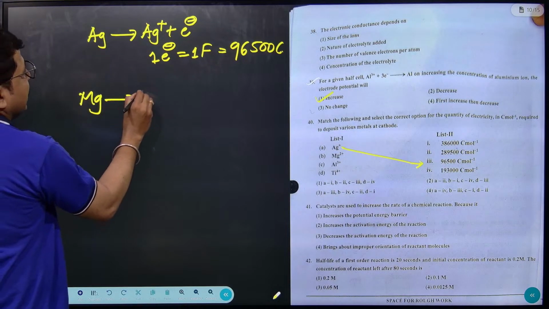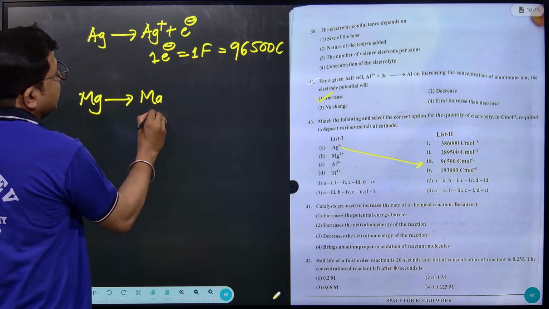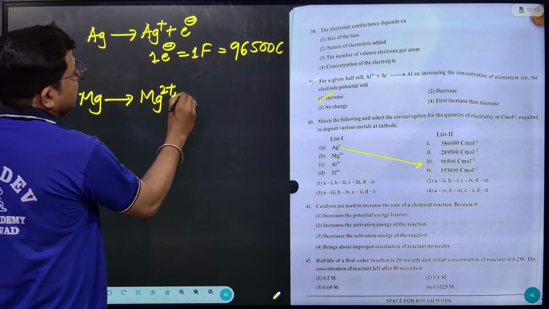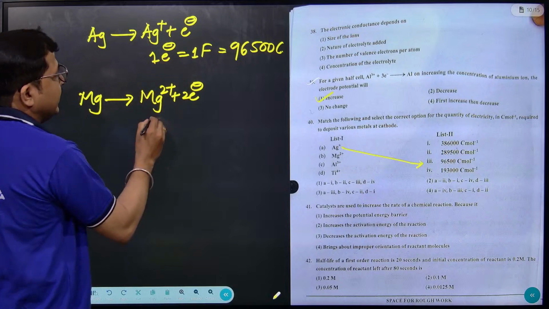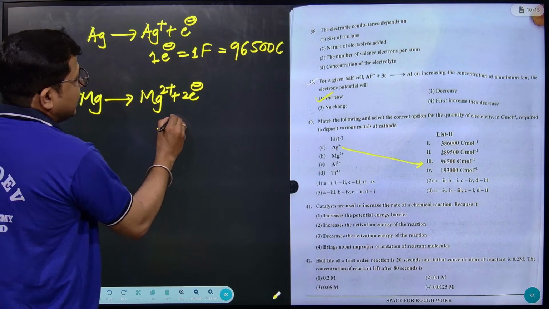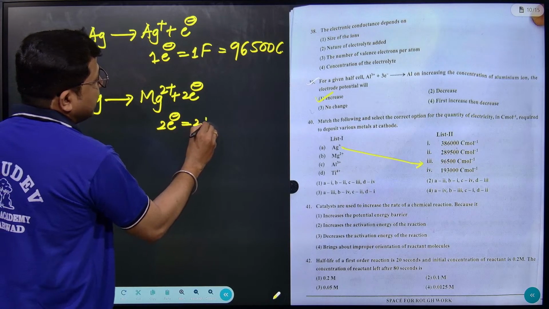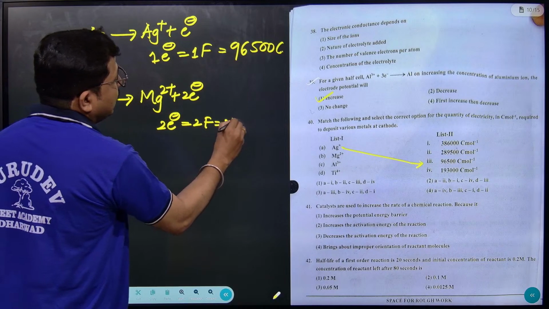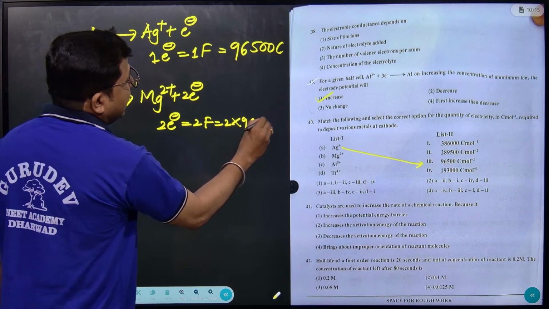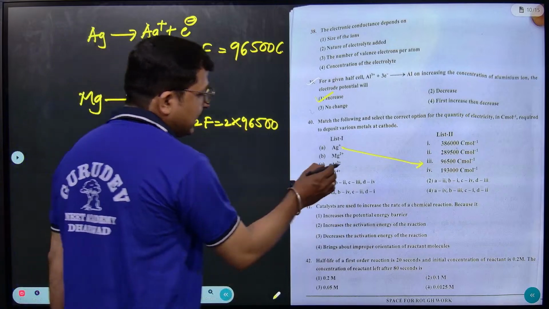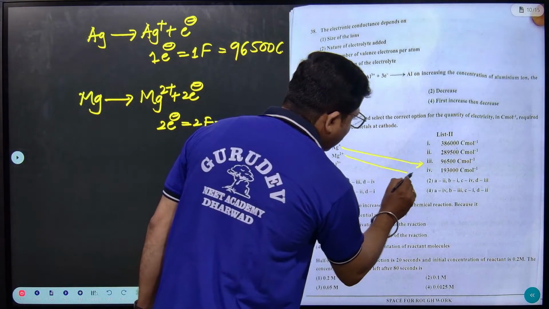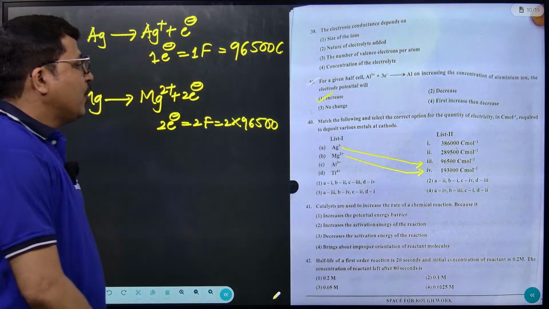And Mg on oxidation gives Mg2+ and 2 electrons, right? So here 2 electrons correspond to 2 farad charge, that is equal to 2 into 96500, that is, 2 goes to option number 4.